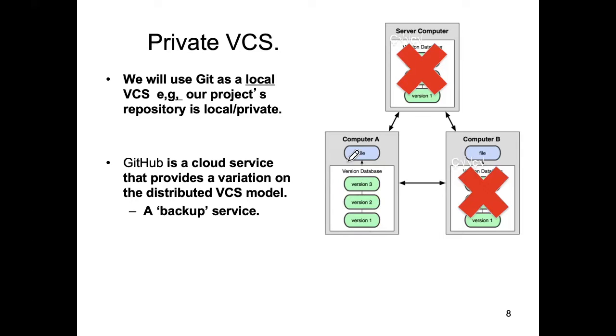Because obviously, if you're working on your local computer and your hard disk crashes, and you can't recover it, then you've lost your repository. Whereas with GitHub, you could make a backup of your repository and keep it up to date. And then if your hard disk dies, you replace it, you can just recover the backup onto your new hard disk, and you're up and running again.